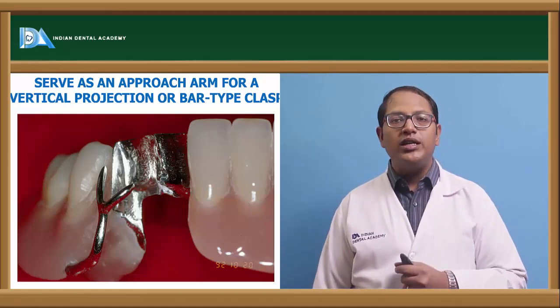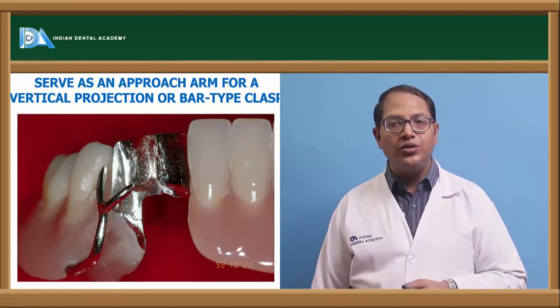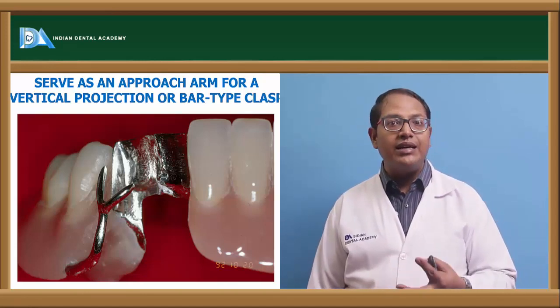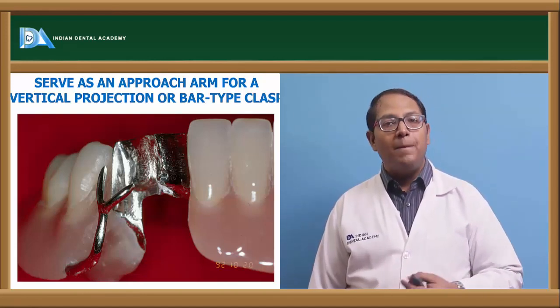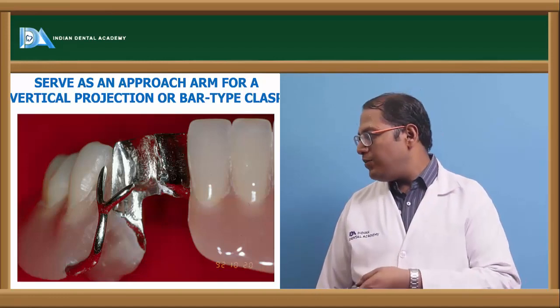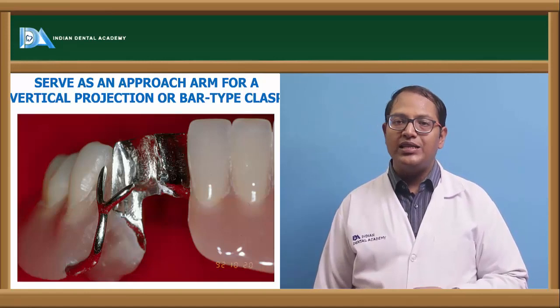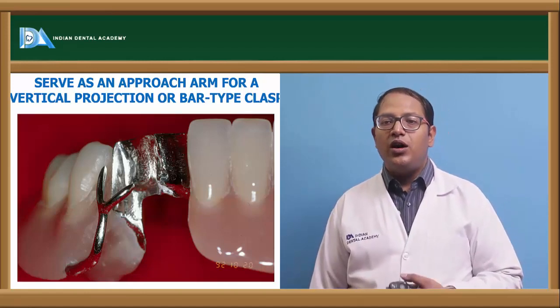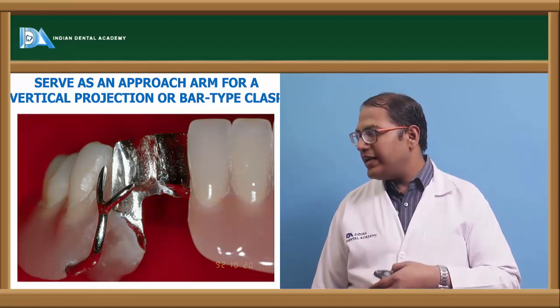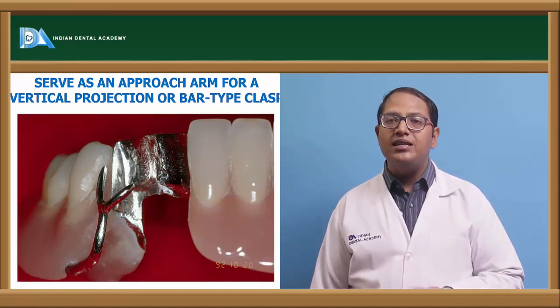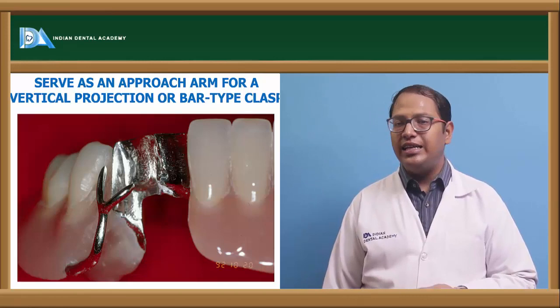When the soft tissue undercut is not present and we have decided to go for this kind of clasp, this direct retainer is also forming a kind of minor connector. The down part of the approach arm is acting as a minor connector in these cases. Also, where it is connecting to the major connector, the area should not have sharp angles and it should be curved gently.